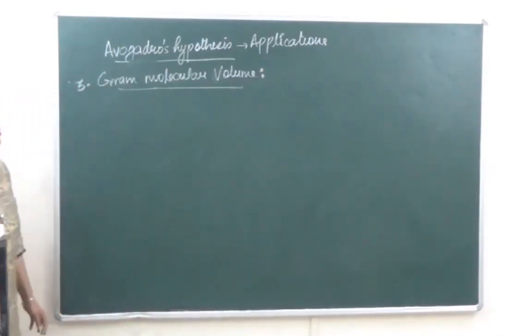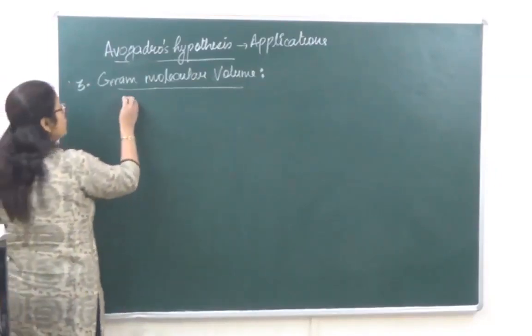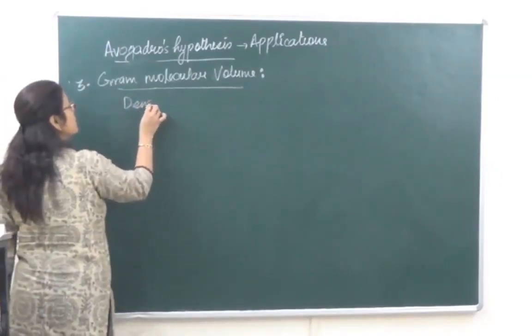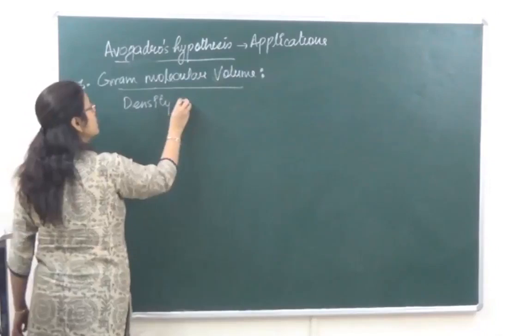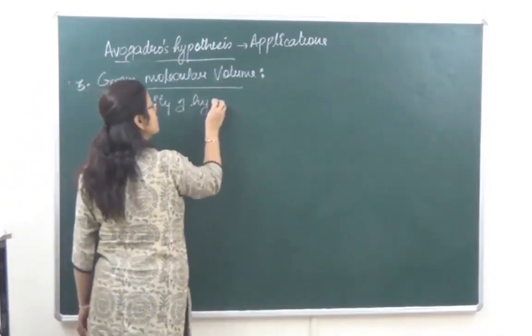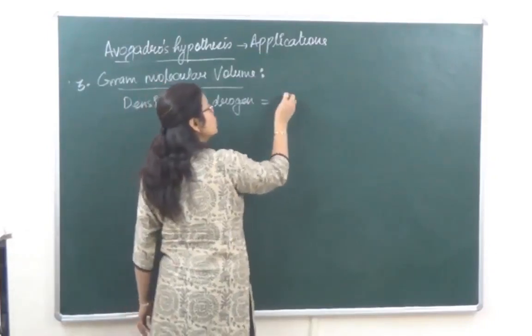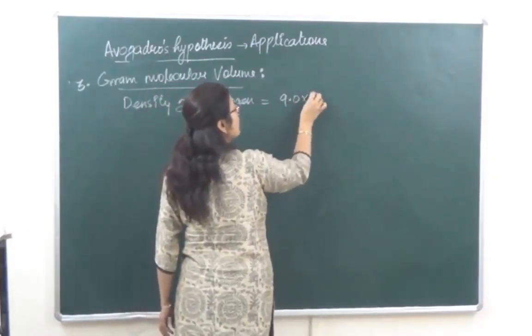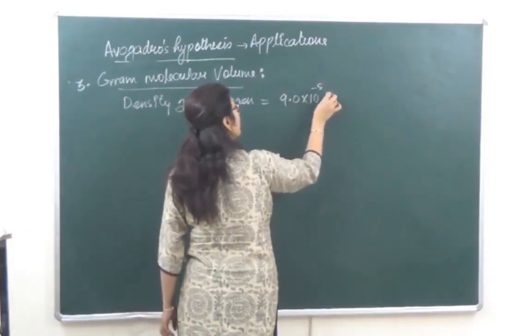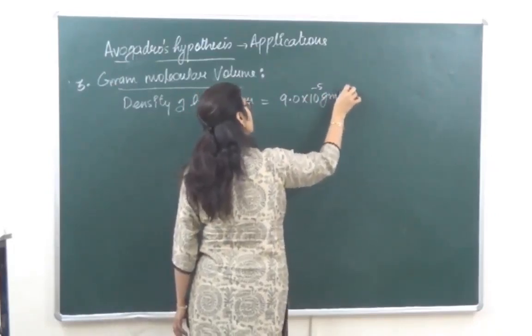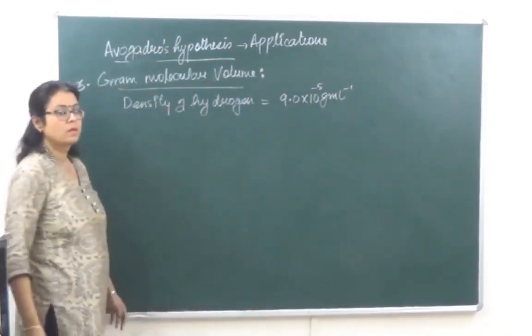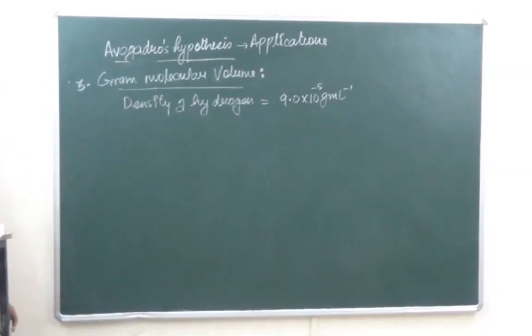So उसी से हम लोग ग्राम मोलिकुलर वॉल्यूम को कैलकुलेट करते हैं। Let's say density of hydrogen that is equal to 9.0 into 10 raised to power minus 5 grams per ml.